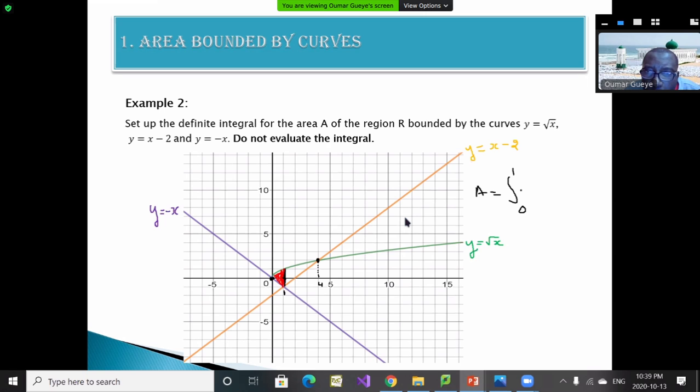That's why we got root x minus the curve at the bottom, which is the purple line, and it's minus x. This is your first integral.